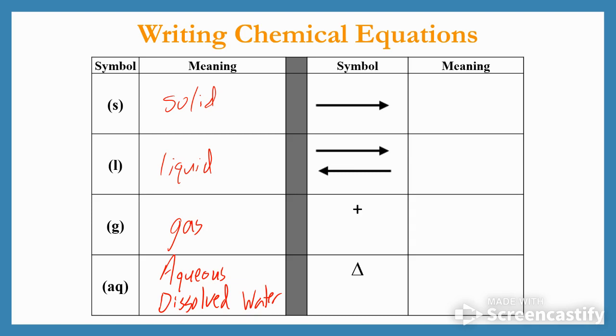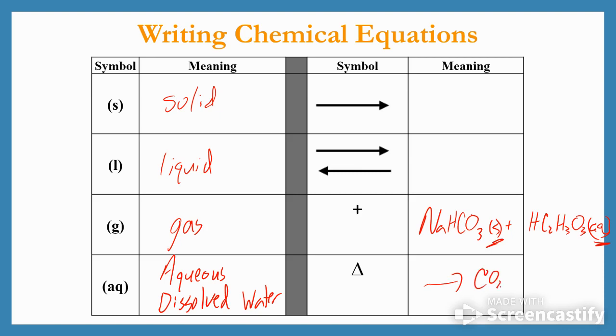So if you took, for example, baking soda, which is a solid, and mixed it with vinegar, which is an aqueous acetic acid. Vinegar is acetic acid dissolved in water. You would have the AQ to let people know that that's dissolved in water. You would have the S to know that's a solid.